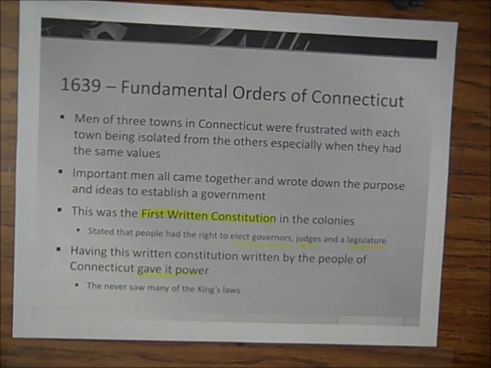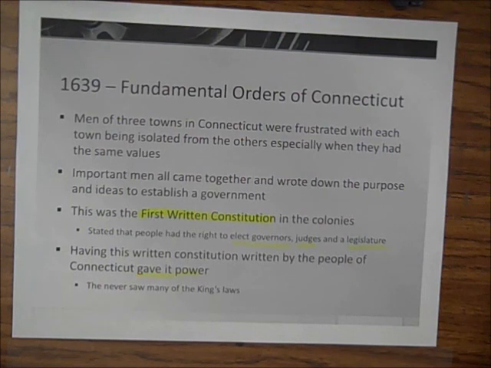So what happened was important men all came together and wrote down the purpose and ideas that they wanted to establish a government. And in writing this down, they came up with the first written constitution in the colonies. Now, this constitution stated that people had the right to elect governors, judges, and a legislature.